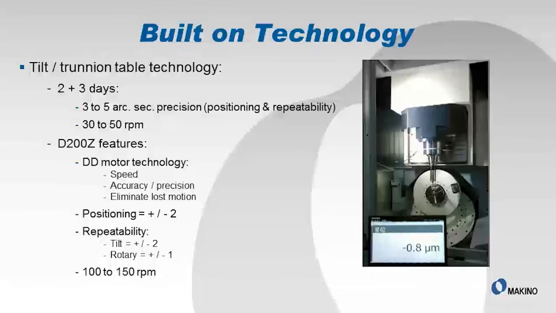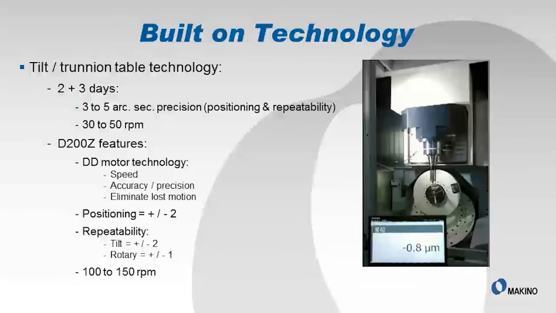If you look at today's DD motor tilt trunnion tables, you're looking at positioning of ±2. You're looking at repeatability for the tilt of ±2, and on the rotary of ±1. So the accuracy is significantly tighter than what we had back in the 2+3 days. And the other thing is you're looking at anywhere from 100 to 150 RPM.